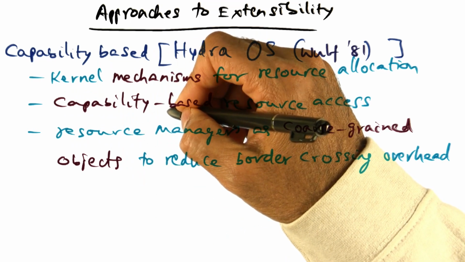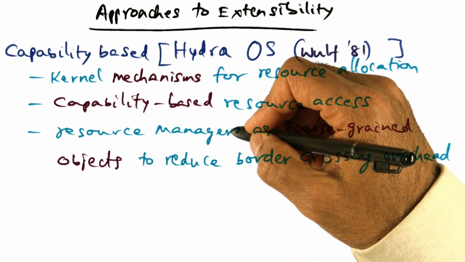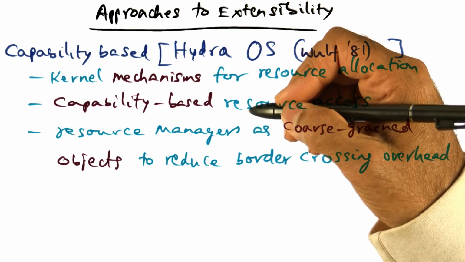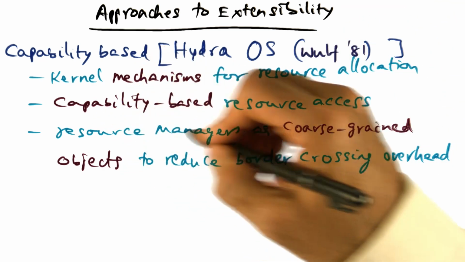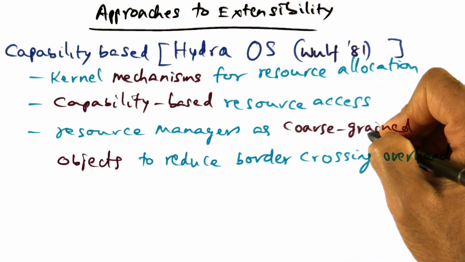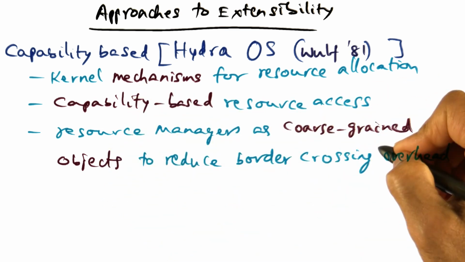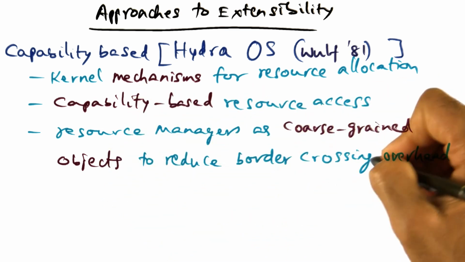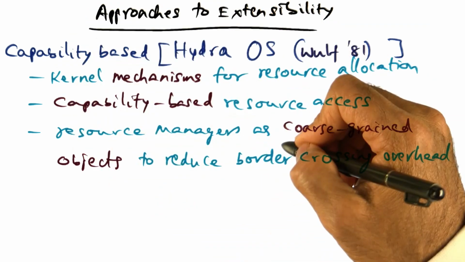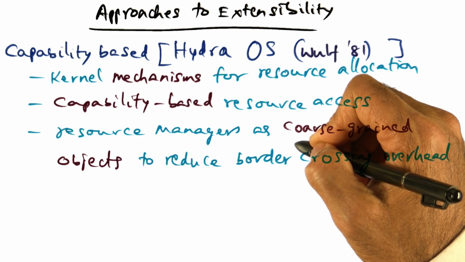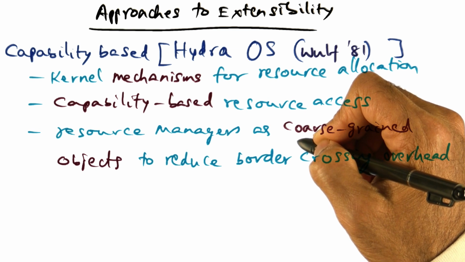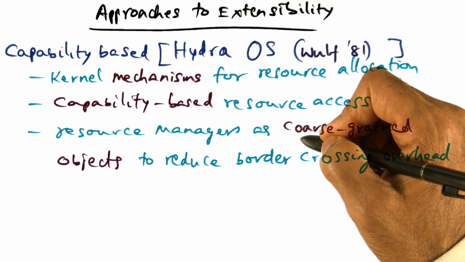And as originally envisioned, capability was a heavyweight mechanism in terms of implementing it efficiently in an operating system. And because capability is a heavyweight mechanism in the Hydra operating system, resource managers were built as coarse-grained objects in order to reduce the border crossing overhead, because border crossing in the Hydra system would mean that you have to pass capability from one object to another and validate the capability for entering a particular object and so on.